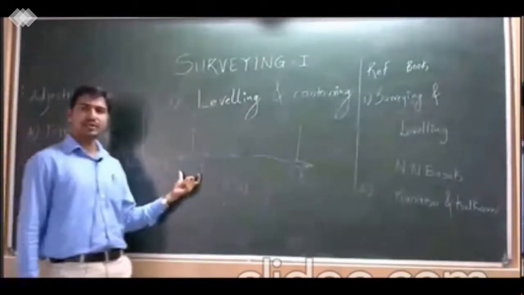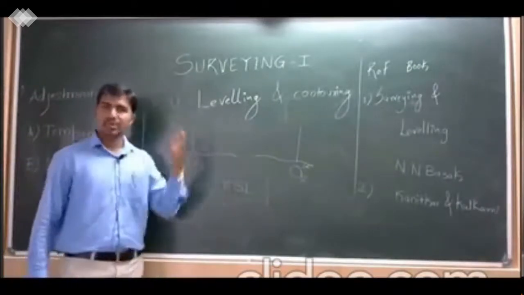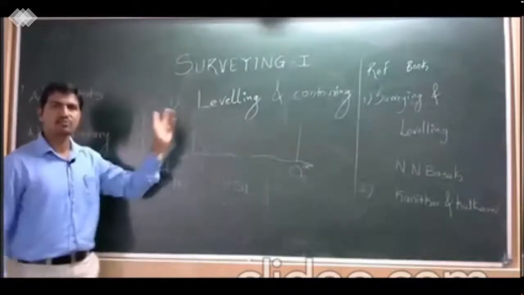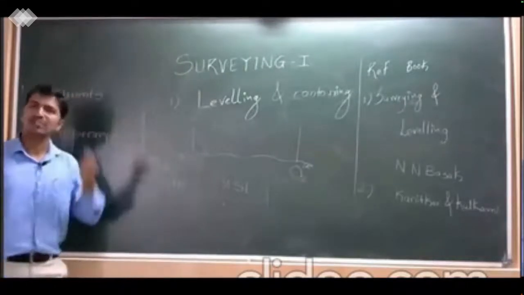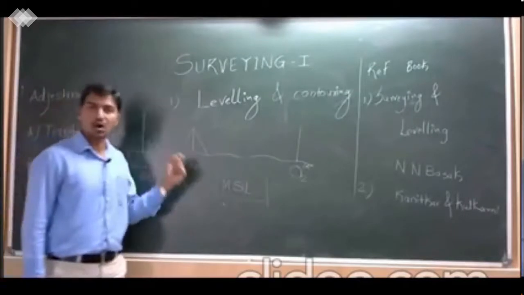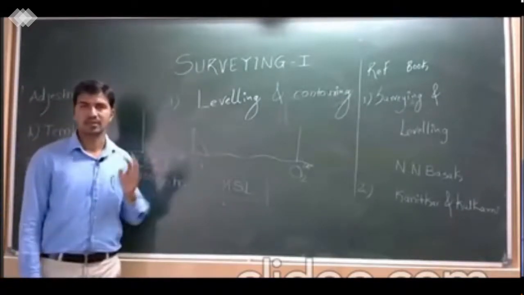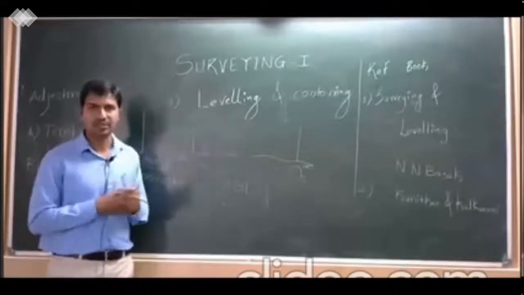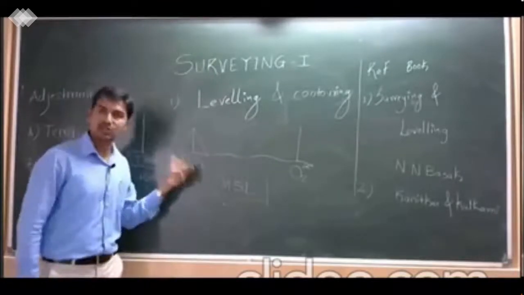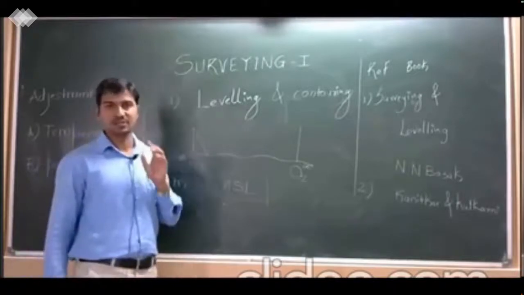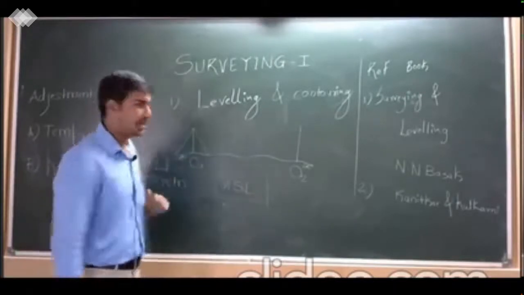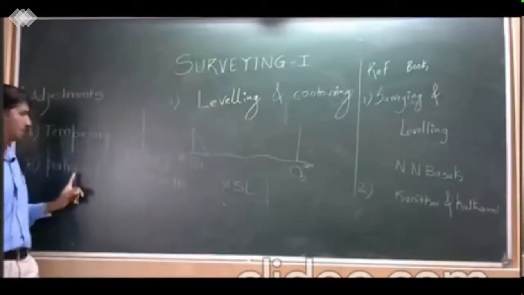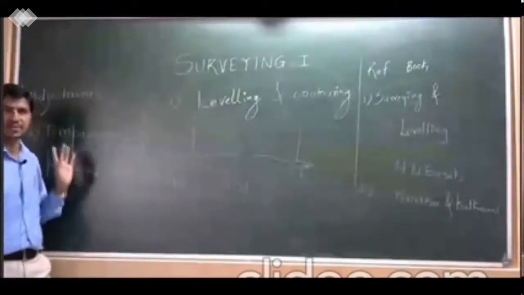Whether this instrument carries some particular relation between some horizontal lines and some vertical lines, which are called the fundamental lines of the instrument. There are a few lines which have interrelations with each other. If your instrument carries those fundamental relations, then we can say that your instrument has a proper permanent adjustment.